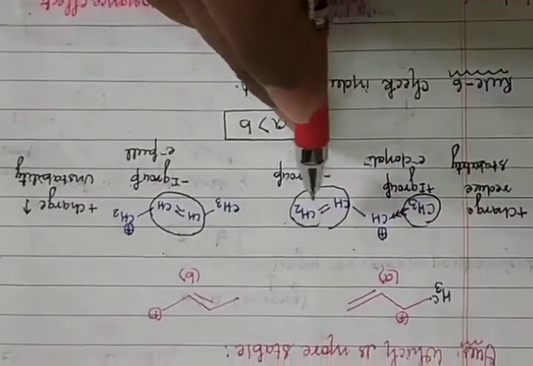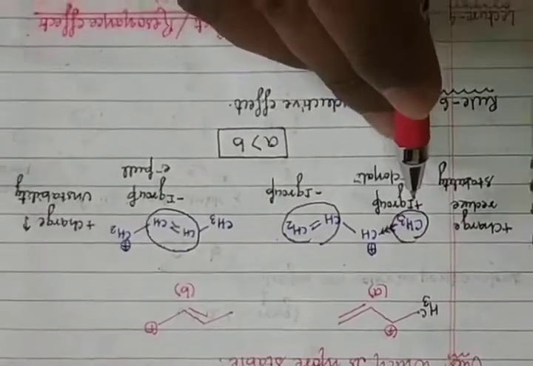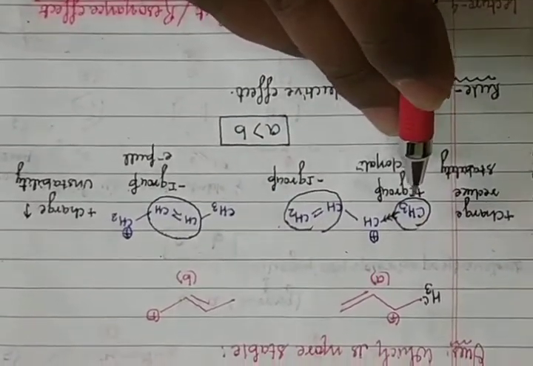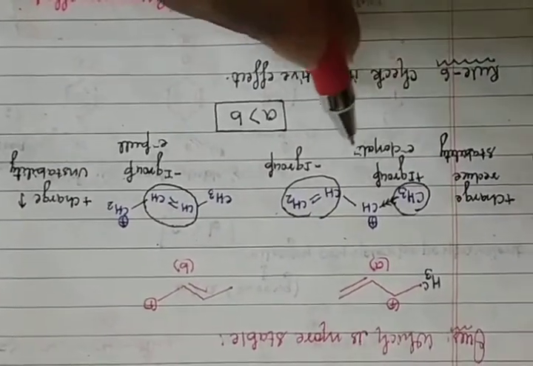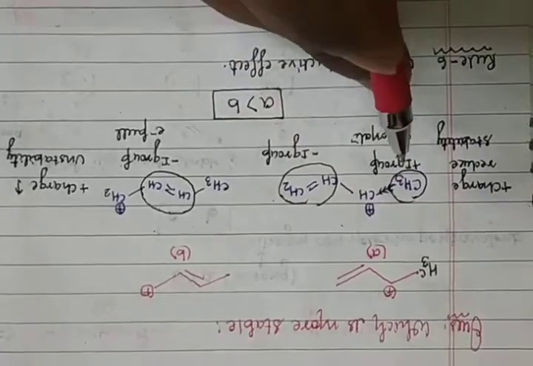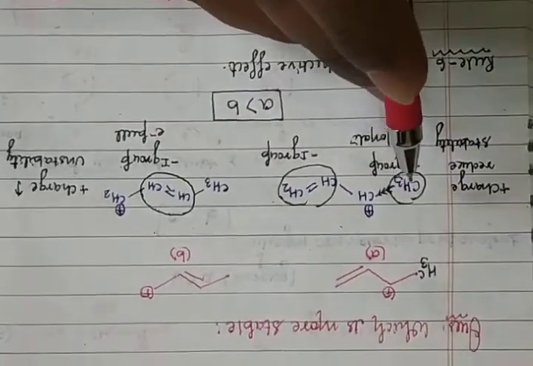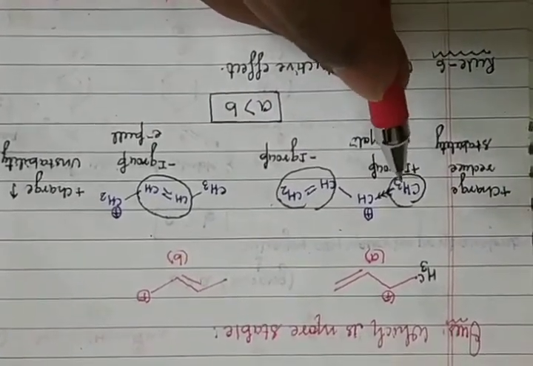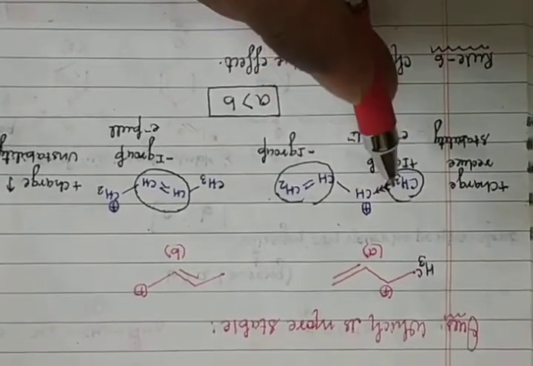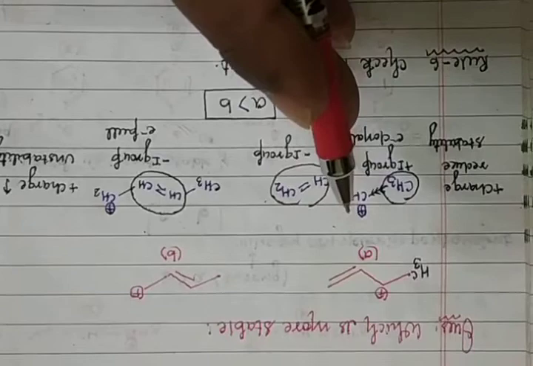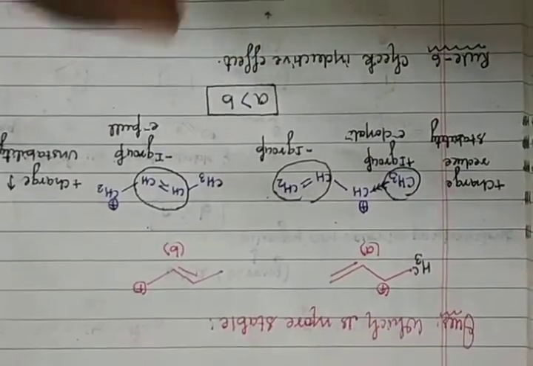Now in this case, one side is a minus I group and one side is a plus I group. What is the work of a plus I group? A plus I group donates electrons. It is an electron donating group. So it easily donates electrons to this carbon, and the electron is a negative charge and the carbon has a positive charge, so attraction is there.